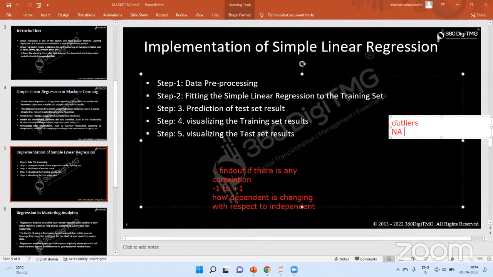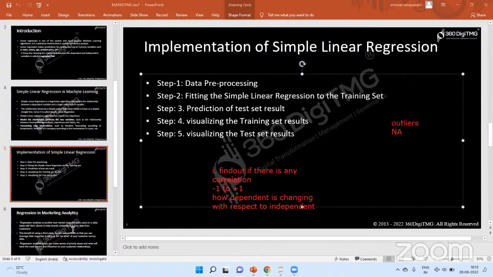With those methods, we need to fix those values. After that, we fit the simple linear regression on the training set. We will split the data into training 80% and testing 20%. Then we will predict the test results and finally visualize the training results and the test results. These are the steps we will follow, and I can explain this by hands-on, not a problem.